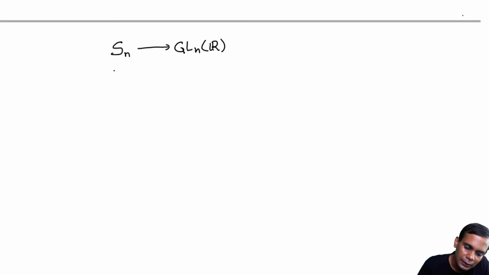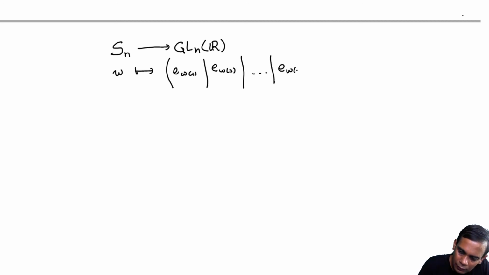What was this? The permutation w goes to the matrix with columns e_w(1), e_w(2), up to e_w(n), where e_i is the ith coordinate column vector.